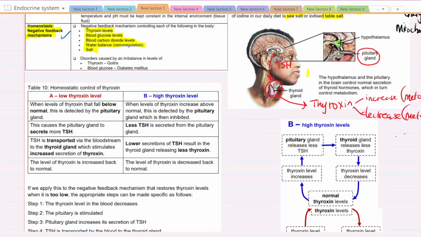So we must always try to remember that when we are dealing with this chapter, that thyroxin hormone will definitely be affecting the metabolic rates.